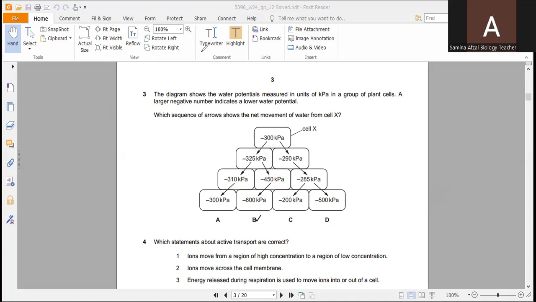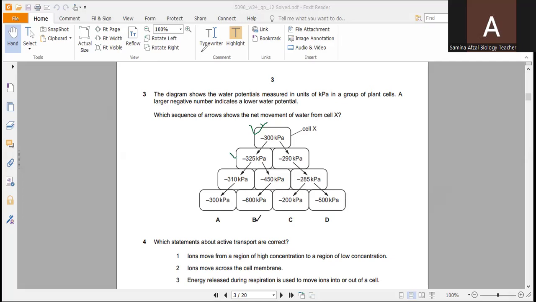So at minus 300 kPa, the water is moving where on the other side is minus 3. We will first follow route A. So it is moving towards minus 325 kPa, which is lower water potential.